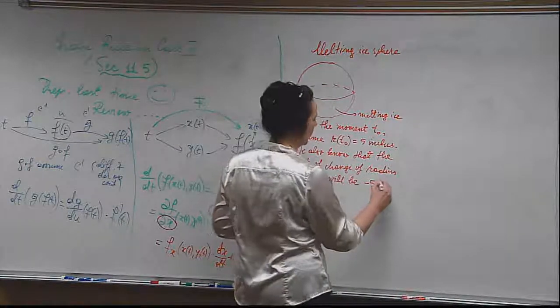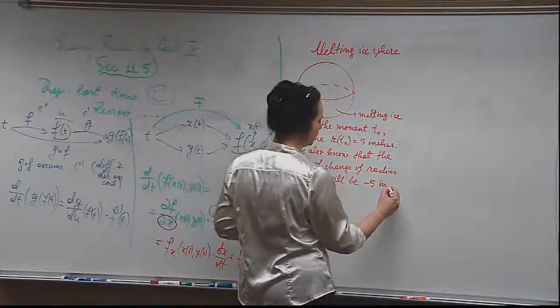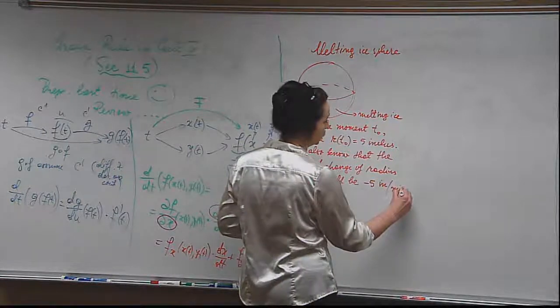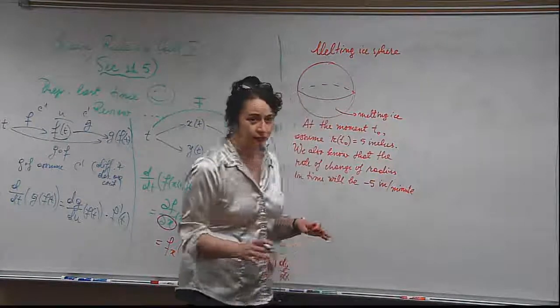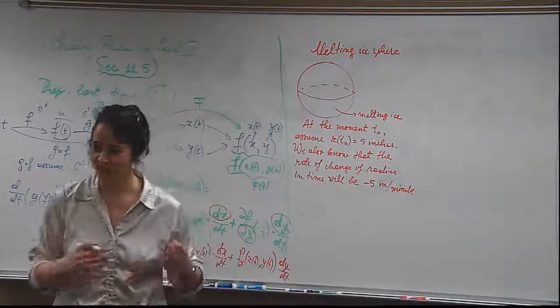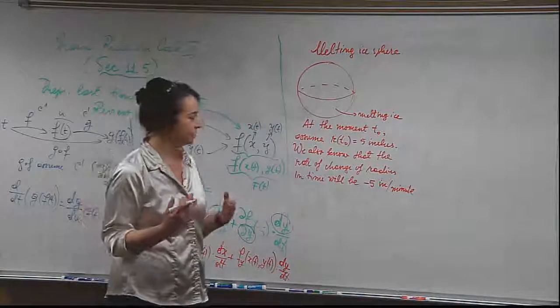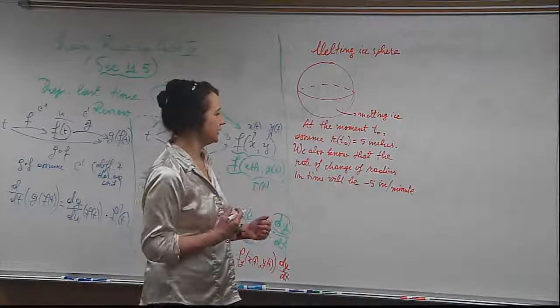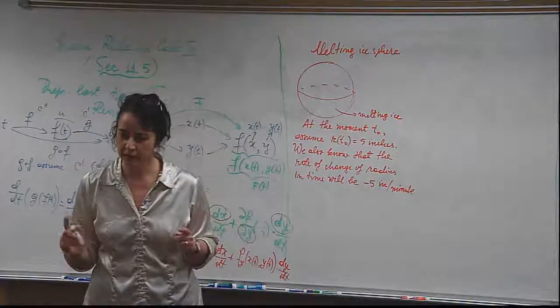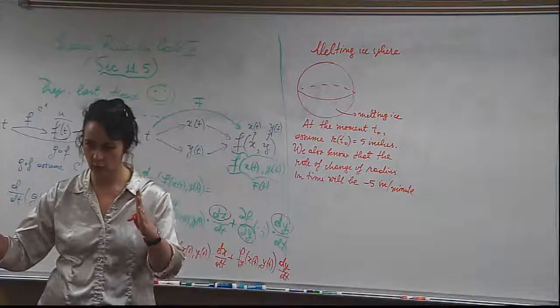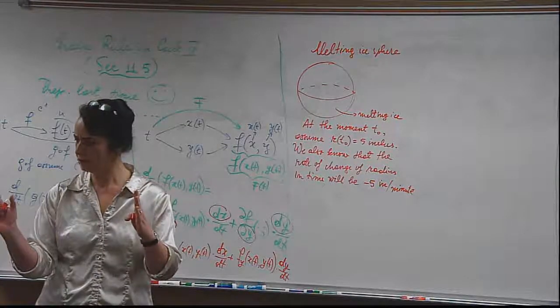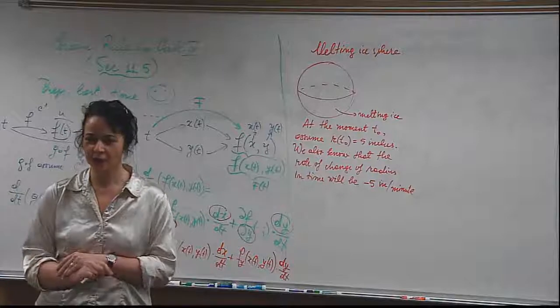Let's suppose that we say inches per minute. It's really hot in the room, not this room, but the hypothetical room where the ball is melting, the sphere, the ice ball is melting. So imagine in 1 minute the radius will go down by 5 inches. Yeah, it must be really hot.